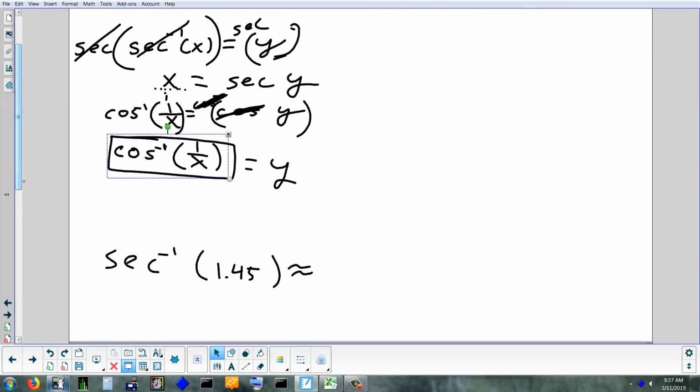Okay? So let's try it. When you see inverse secant, change it to inverse cosine. But you can't keep the number the same. It's not inverse cosine of 1.45. It's 1 over it. And that's the only way to type in inverse secant on the calculator.